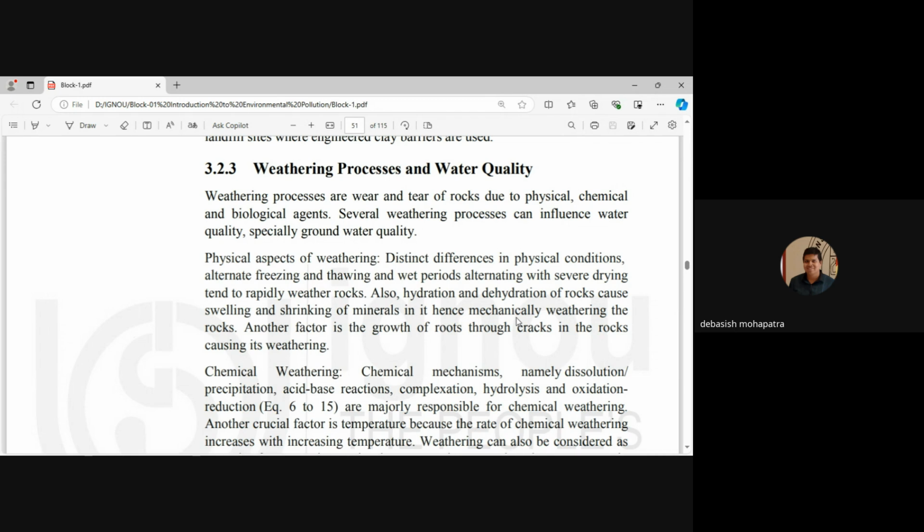Also, hydration and dehydration of rock causes swelling and shrinkage of minerals, hence mechanically weathering the rock. Another factor is the growth of roots through cracks in the rock causing its weathering.